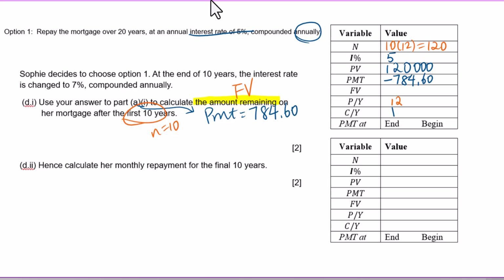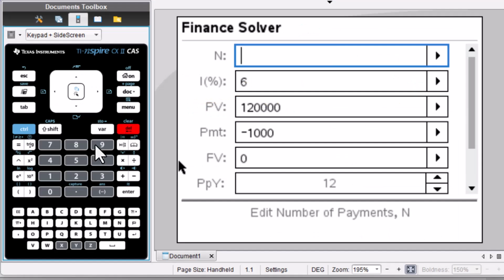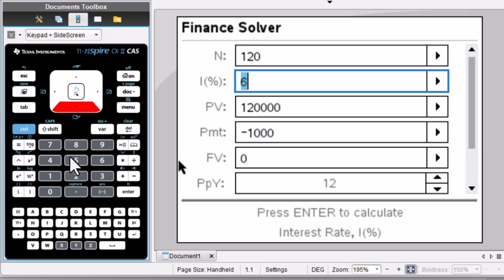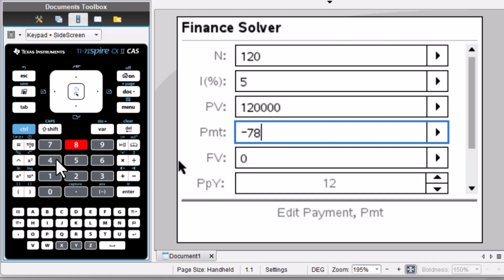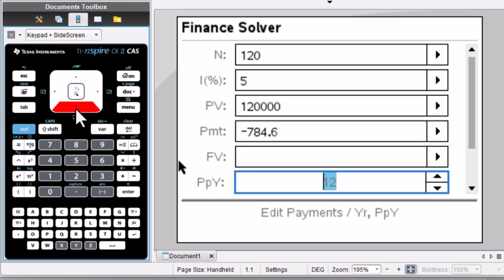So this capital N equals 10 times 12 equals 120. Let's go to calculator. Clear. 120. Interest rate is 5. PV is $120,000. PMT is negative $784.60. Future value is something we are looking for. PPY is 12.